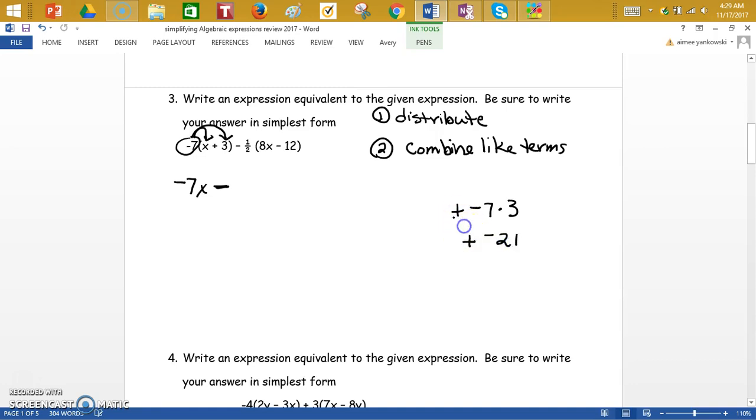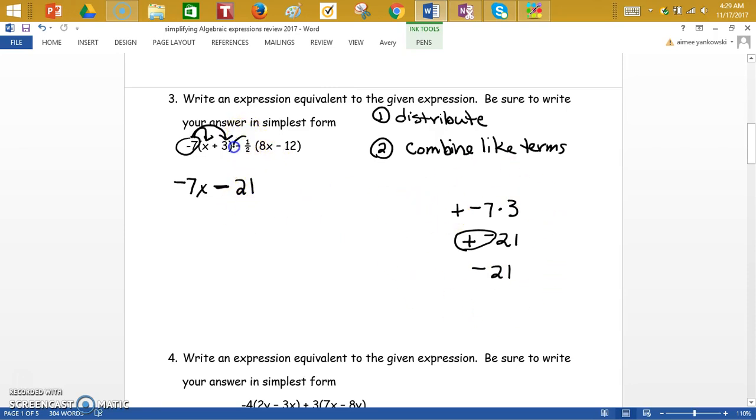So then you'd have plus a negative 21, and those double signs become minus 21. I just wanted to show you, this is the process some of you might have to go through. You might have to say minus, and then 7 times 3 is 21. But this might be the process some of you have to see.